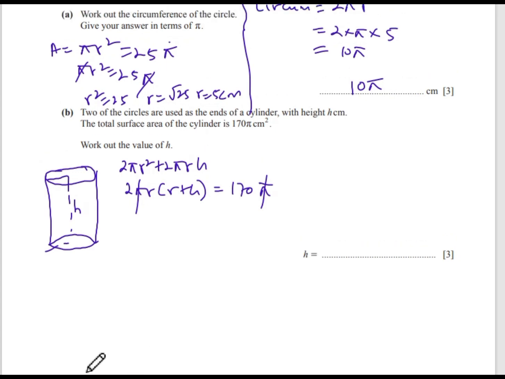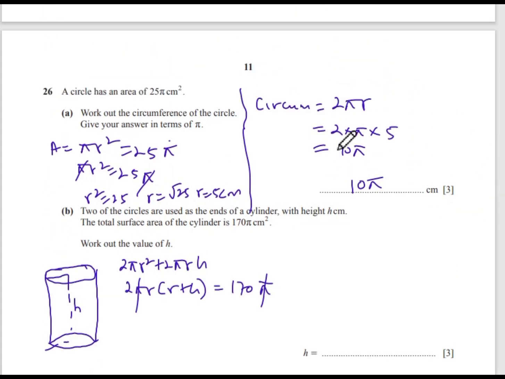Now let's not forget that this question is a continuation of the A part. The circle in this B part is the circle in question 26A. Now 2 pi cancels out pi. 170 divided by 2 gives us 85. So this becomes r open bracket r plus h is equal to 85. That's r squared plus rh is equal to 85.